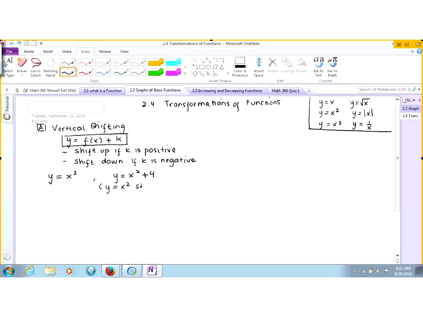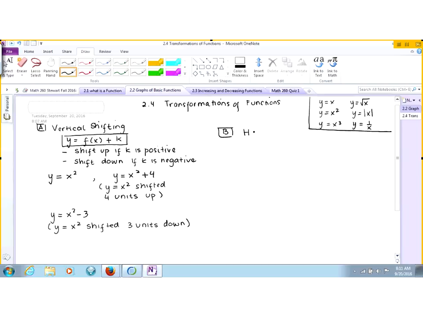So this is y equals x squared shifted 4 units up. Does it maintain the shape? No change. It's just a translation. Translation means you just move it, with no change in shape. Now what about y equals x squared minus 3? This is y equals x squared shifted 3 units down. We don't have to graph it, do we? No, right? Good.